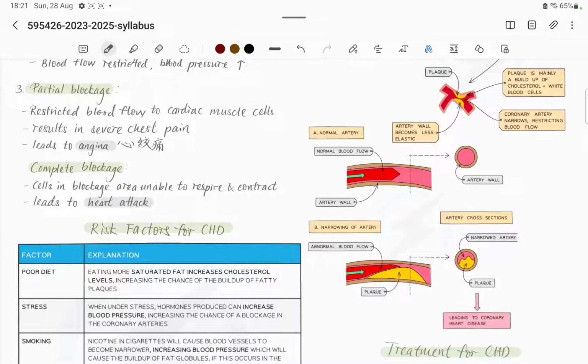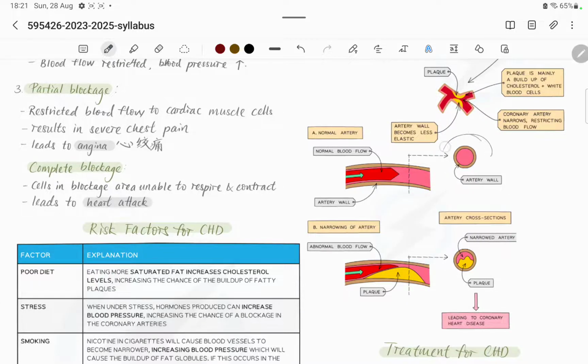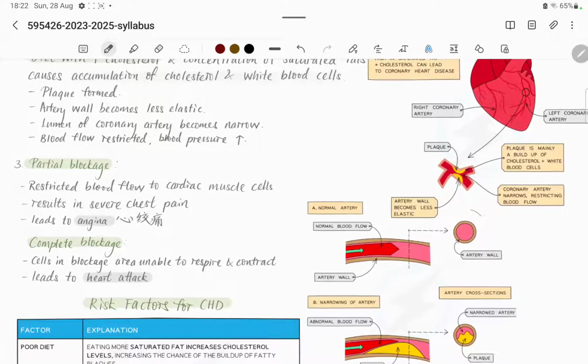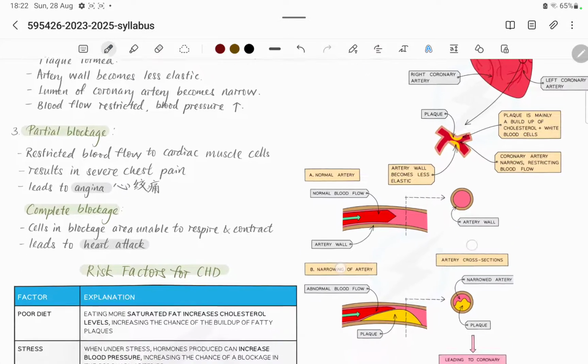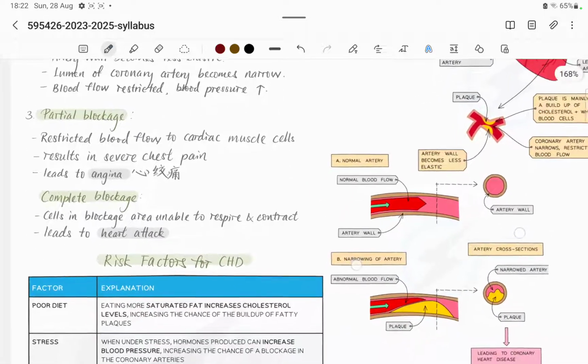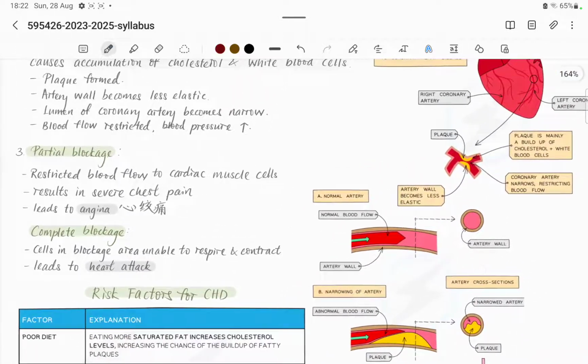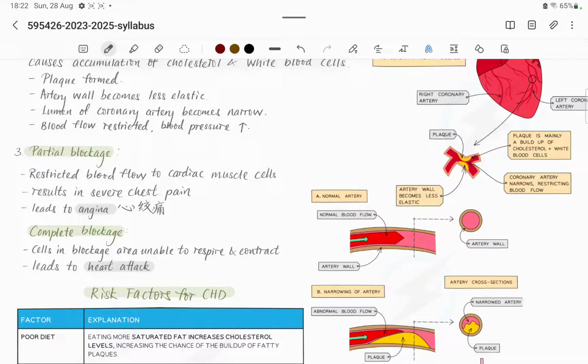This one is the normal one, and if there's plaque over there, the artery becomes narrow already, because this is the lumen left for the blood. So okay, blood flow will be restricted, blood pressure will increase. So this is bad for your health.